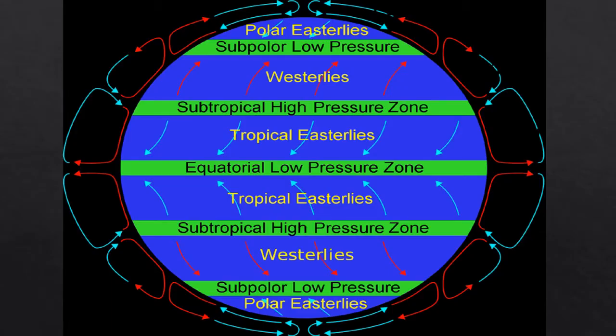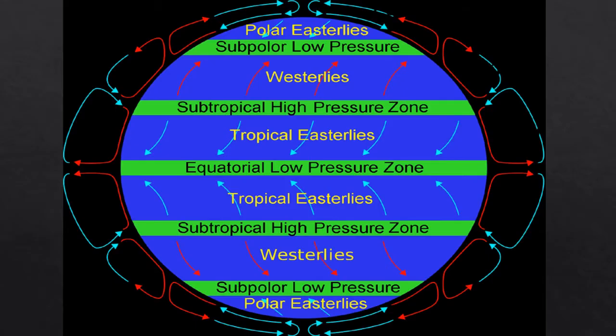So the air spreads out. The air starts moving in the southern and northern direction. As the air is moving, it becomes denser, and after a certain point, it sinks down to the surface. So at around 30 degrees north and south, we have sinking air.